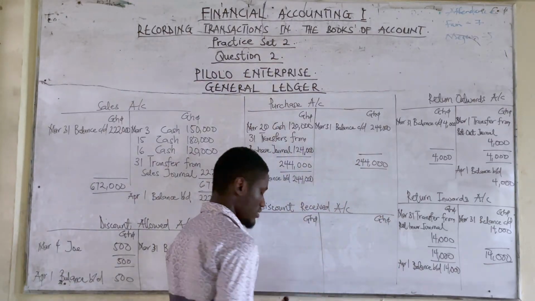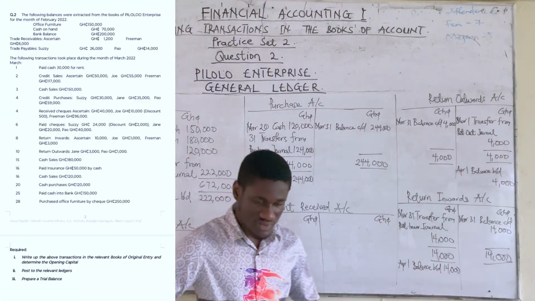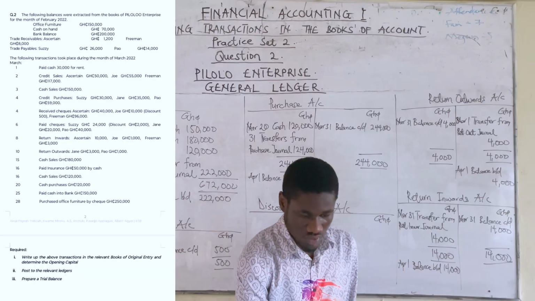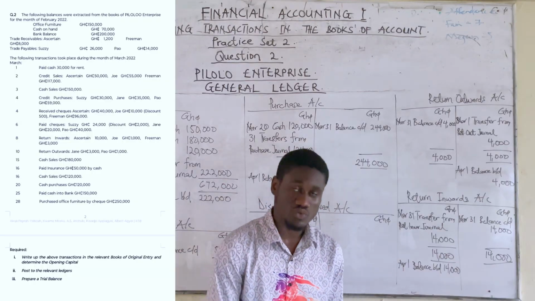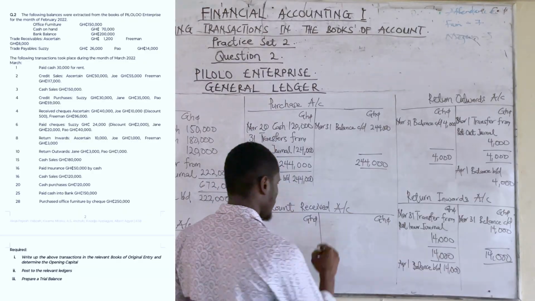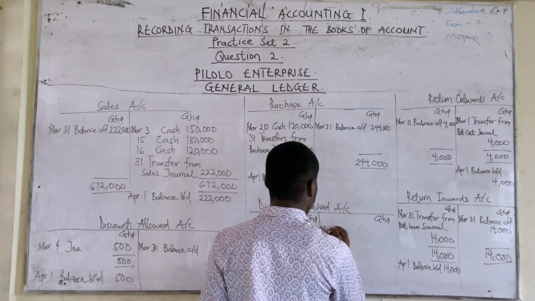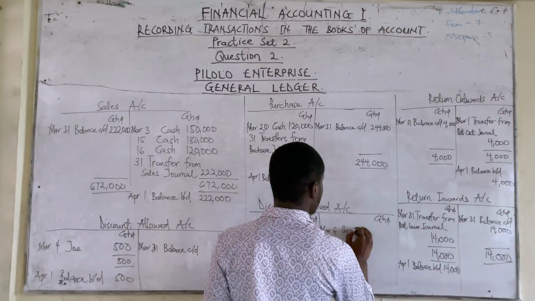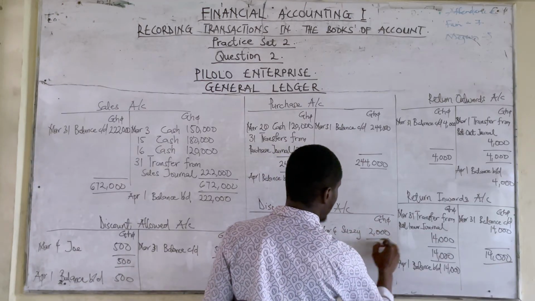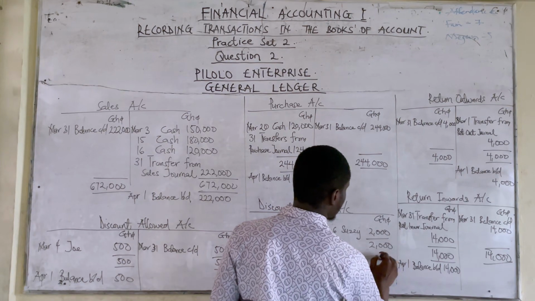Then what discount received was in the question? We see that on March 6th, we received a discount of 2,000 from Suzy. So that's what we are going to record. Good. So that's going to be the total for the discount received.